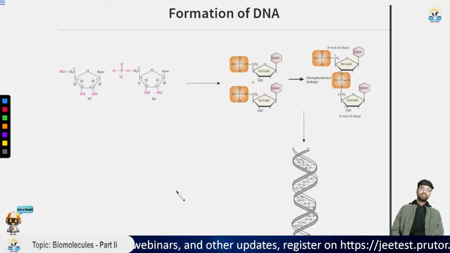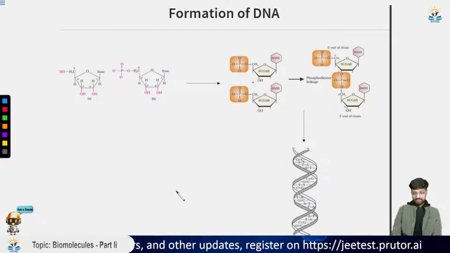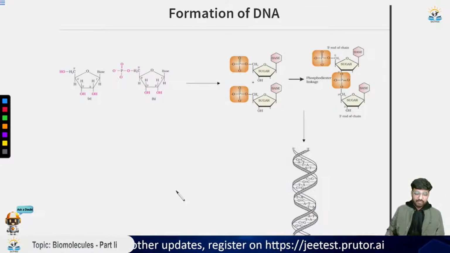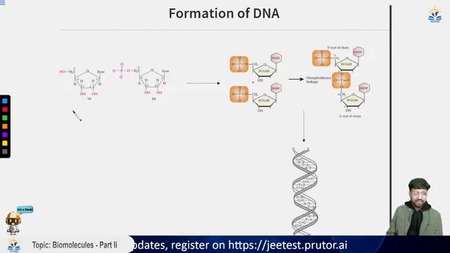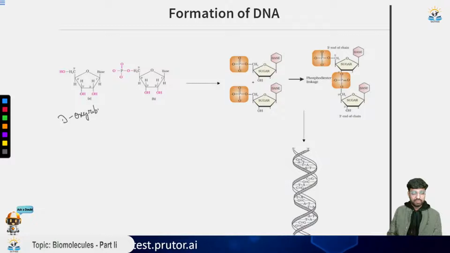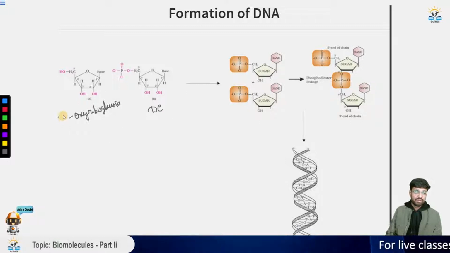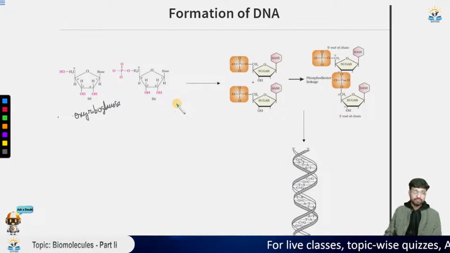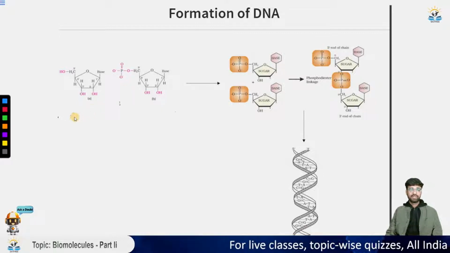Now we'll see the formation of DNA. So what are DNA and RNA? Here I have given a D. This is deoxyribose sugar, and you will see the ribose and deoxyribose in the next slide.